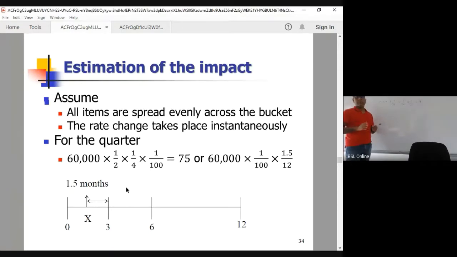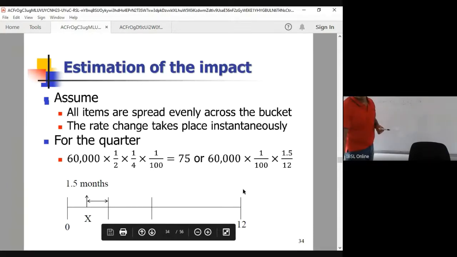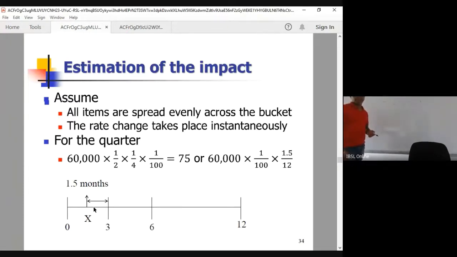Or you can just look at it as 1.5 over 12. Instead of looking at 3 months, you're looking at 1.5 months, which is effectively the same thing. It comes up to the same 75.